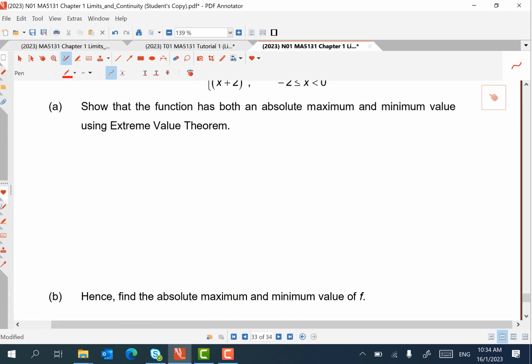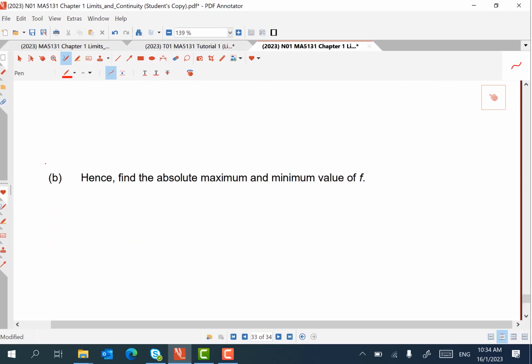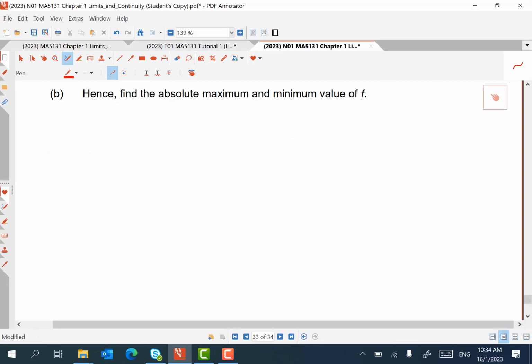We now want to do the next important thing, and that is to find the absolute maximum and absolute minimum of the function f.